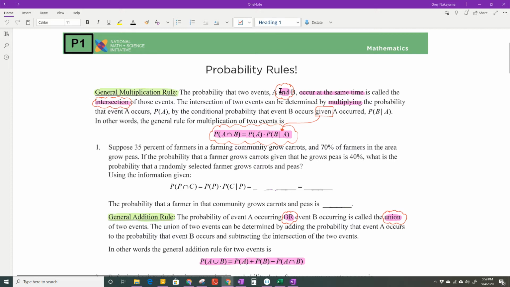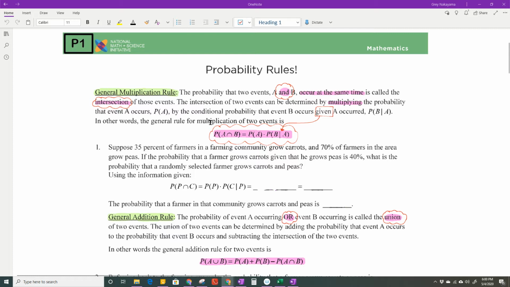The probability that two events, A and B, occur at the same time is called the intersection of those two events. Okay, and the intersection can be determined by multiplying the probability of the two events together, with one of them being a conditional probability. So that's what you got to understand about this notation here.